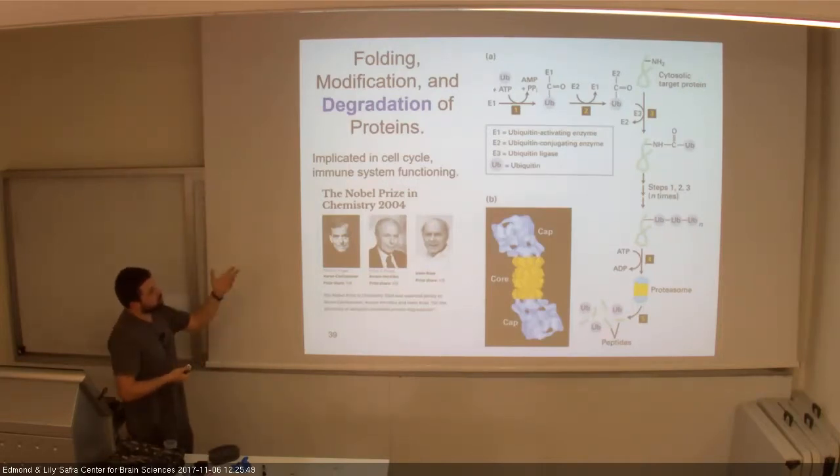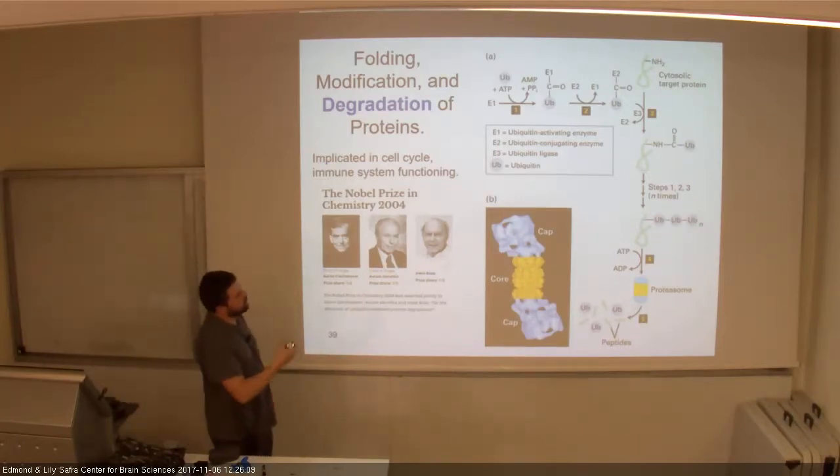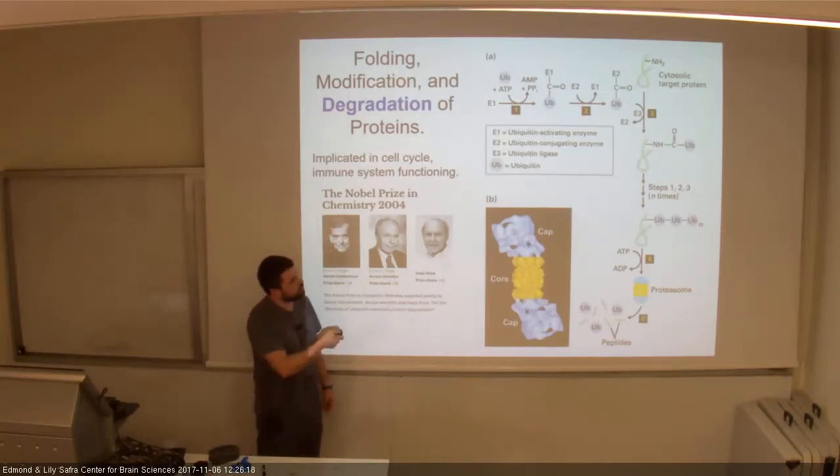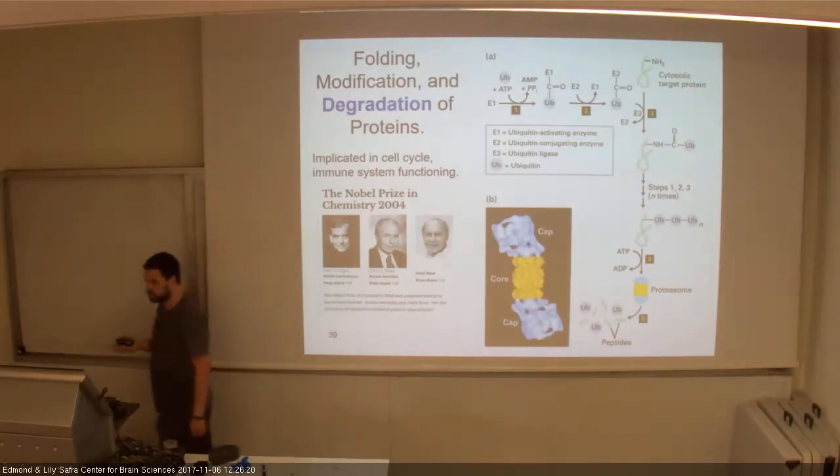So the process of ubiquitination is pretty simple. Again, I don't need to get into all the specific details, but what's important to know is that it involves ATP. It's a repetitive process in which ubiquitin molecules are repeatedly added to the protein that is bound for degradation.